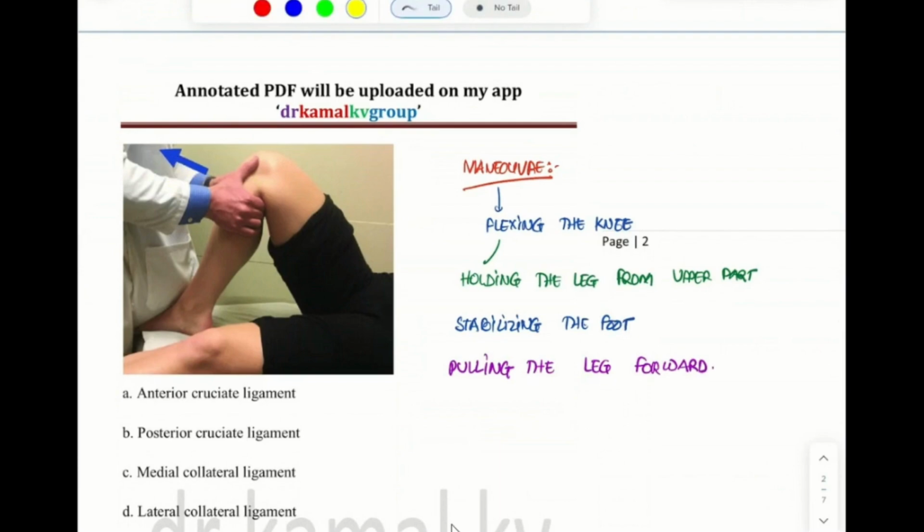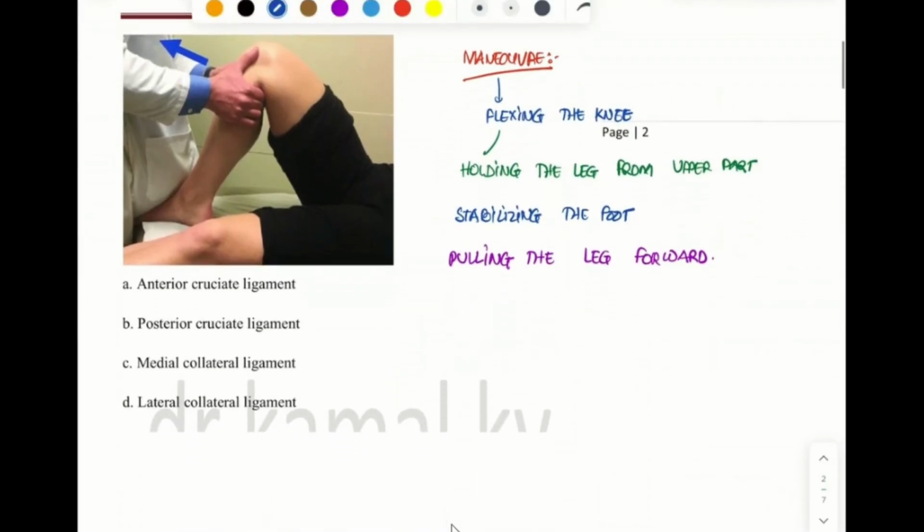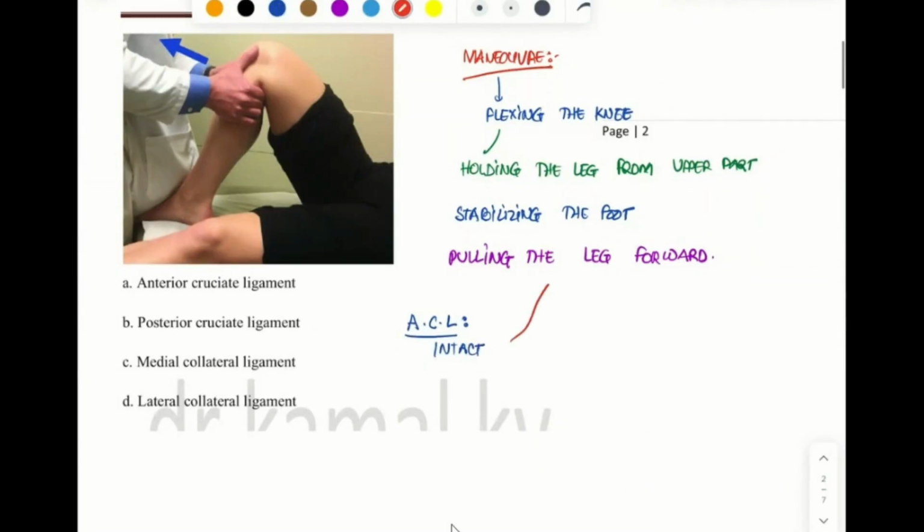Now, normally, if the anterior cruciate ligament is intact, then this pulling of the leg forward cannot be done, right? So the anterior movement of the tibia with respect to the femur cannot be done if the ACL is intact.